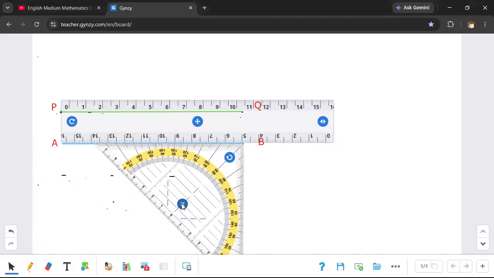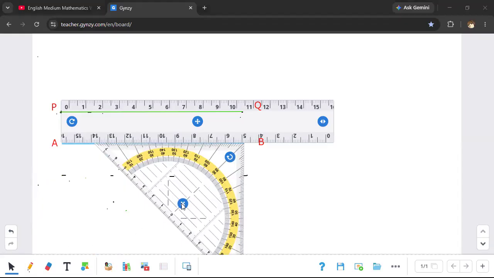Again, I'm going to move it to point B, sliding it on the ruler, then again take the pencil and mark here.